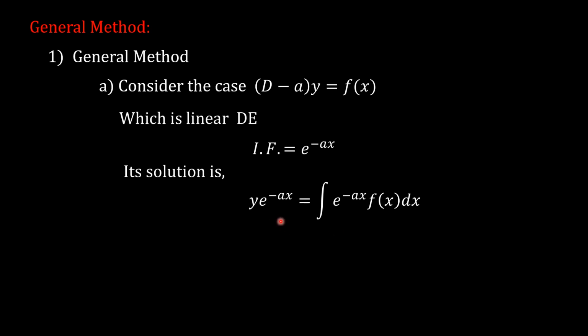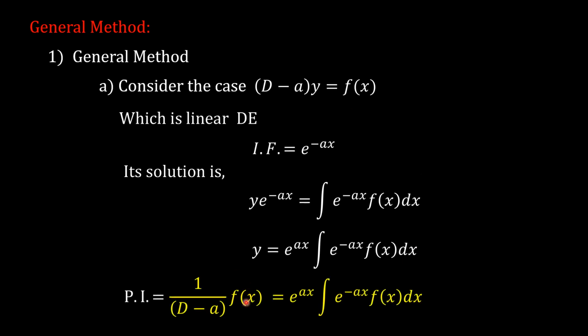So take this e raised to minus ax to the right hand side. Therefore we will be getting y as e raised to ax into the integration of e raised to minus ax into f of x dx. Now see, if we operate the operator 1 upon D minus a on both the sides, we will be left with y on the left hand side, and on the right hand side we will be left with 1 upon D minus a of f of x, which is the particular integral.